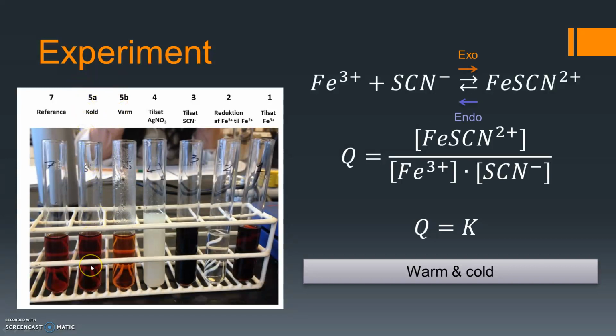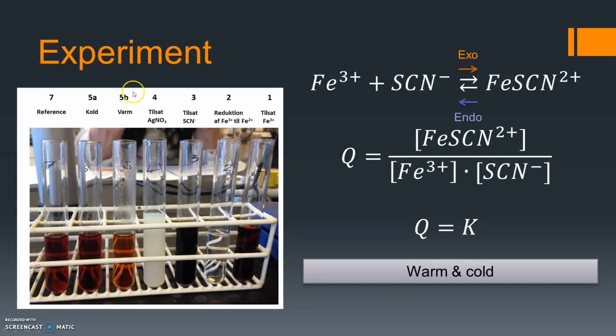We cooled it down, which meant that this equilibrium would like to minimize the stress by trying to warm the solution up again. And it would do that through making the exothermic reaction here towards the right. And of course that meant that there was an increase in the product here, the iron thiocyanate ions, meaning that yes, the solution would become darker.